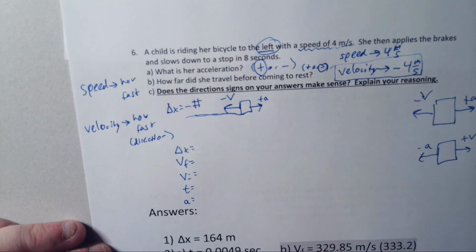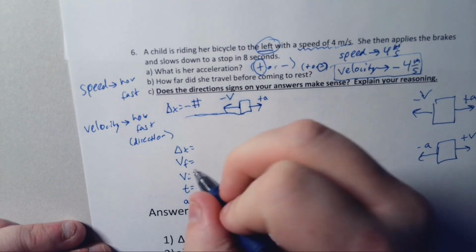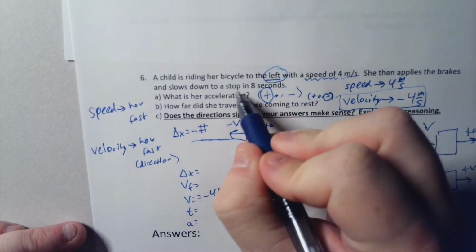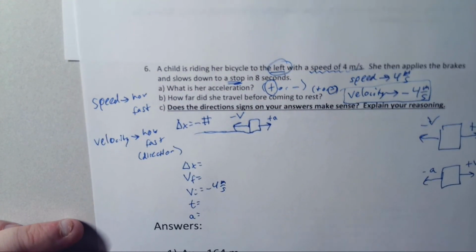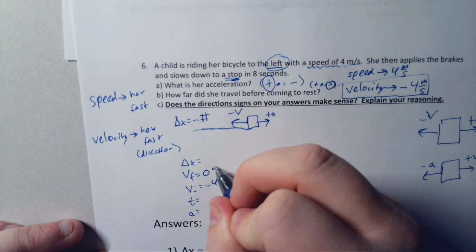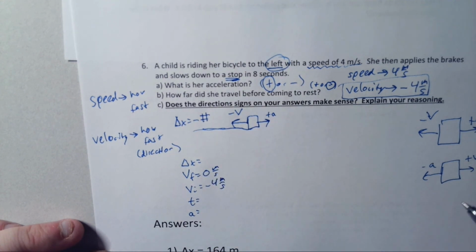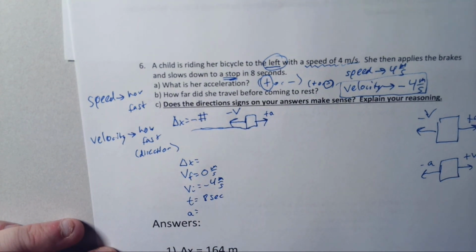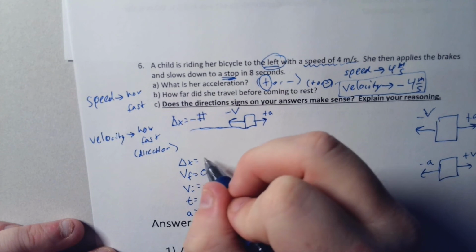The -4 meters per second for velocity is her initial velocity. And she's coming to a stop in 8 seconds, so that means her final velocity is 0 meters per second. And we know the time that it takes is 8 seconds. So the first thing we're trying to find is acceleration, and then obviously delta x.